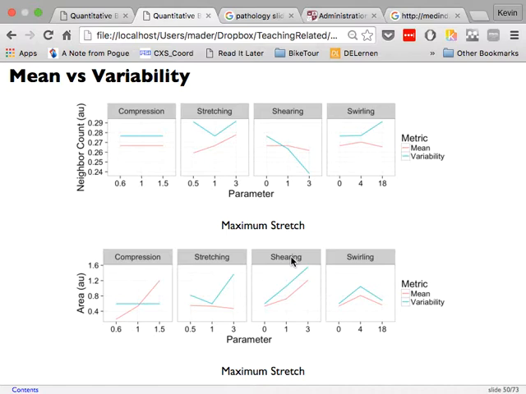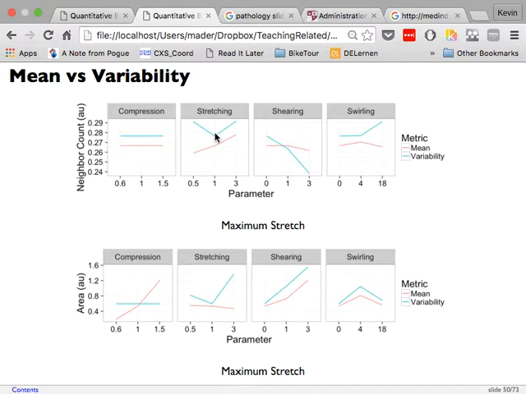Cool. And so what we can do with all of this information is identify how these curves change as we change the parameters in our system. If we change the stretching factor or the compression factor, this compression stays the same. The mean stays the same, and the variability stays the same. With stretching, we see that the variability at a 1, or a standard system, is in the middle. And as we take it away from this 1, the variability goes up.